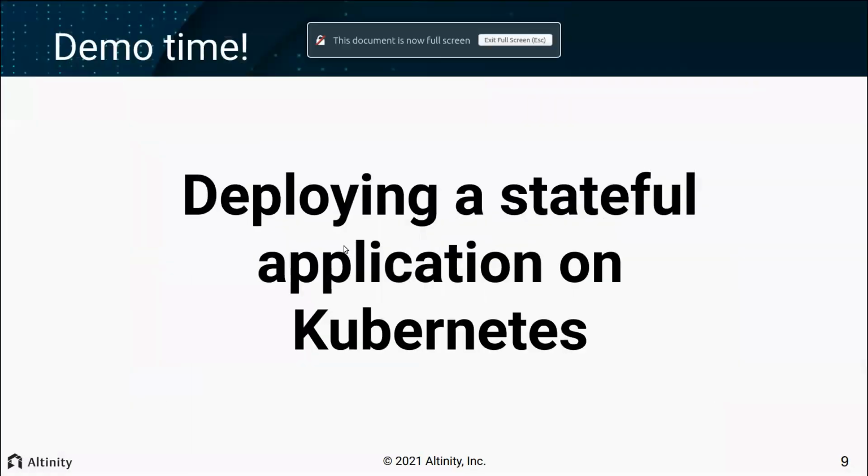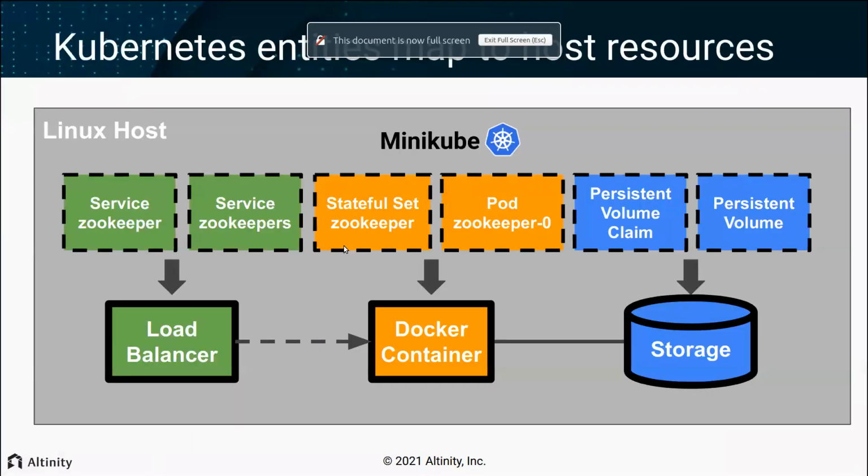So if we come back and look at the entities that were defined in that file, we see that the entities with the dashed lines are the network resources. They're in green. The things related to processes are in orange, and then storage is in blue.